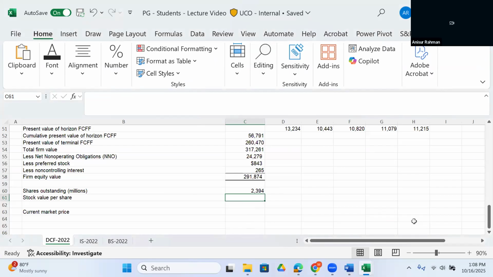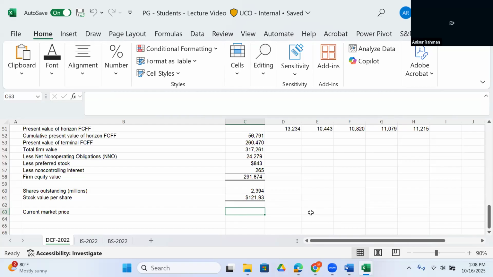So now the value per share will be total value divided by number of shares. And as of 2022, I will write down the current market price. So it will be the current market price as of your date when you do the DCF.